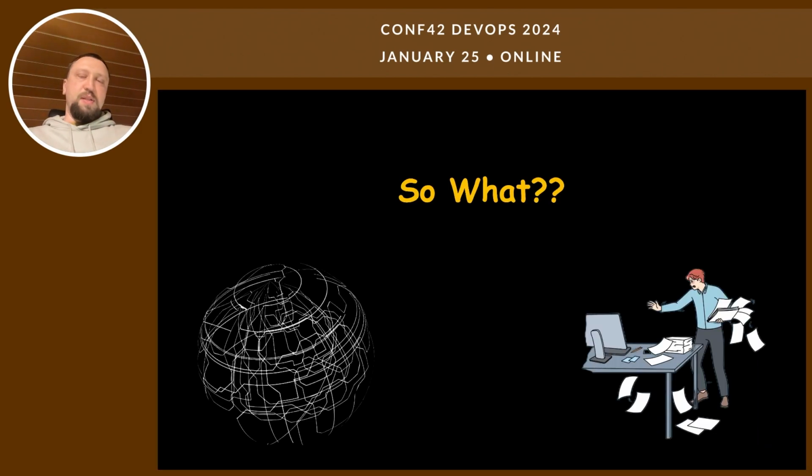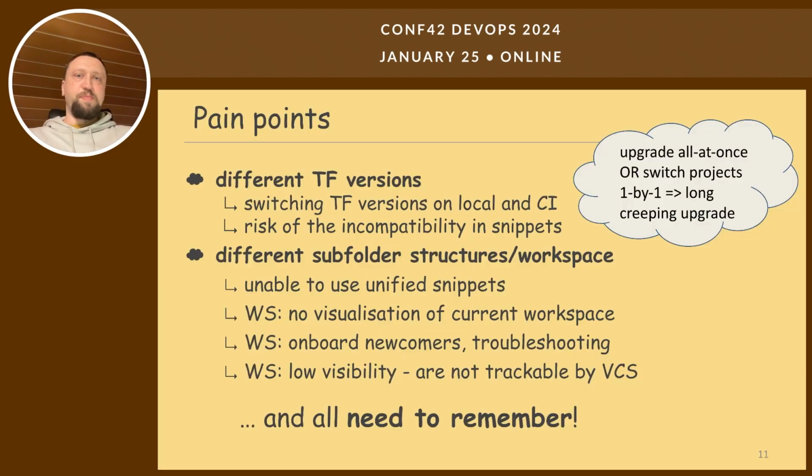Okay, so let's summarize our complaints. We have the following pain points. Different Terraform versions, and it's a pain switching Terraform versions locally between different projects. Also, you have there a risk of incompatibility of the snippets.